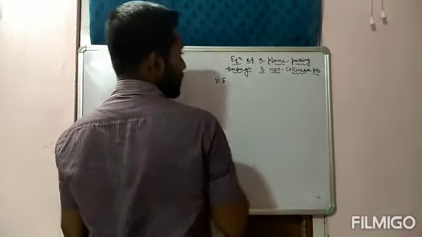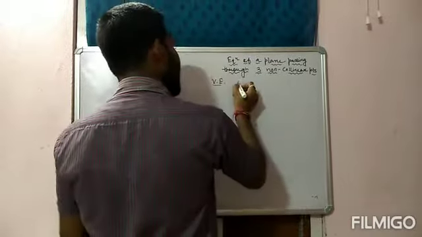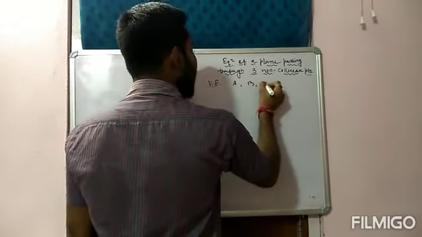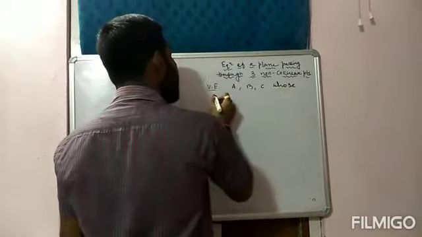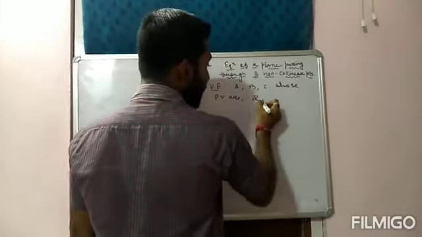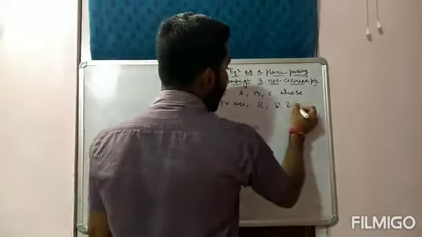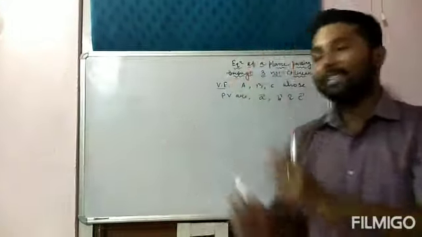So the vector equation of the plane passing through three non-collinear points, say A, B and C, whose position vectors are small letter a bar, small letter b bar and small letter c bar. The diagram is almost similar in all of these.